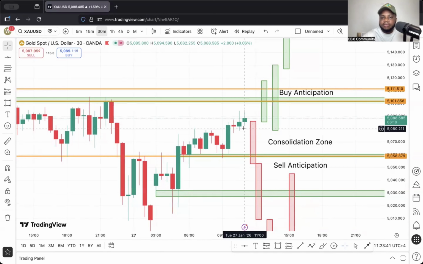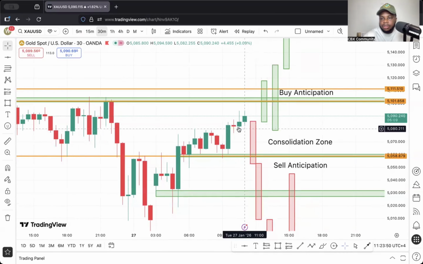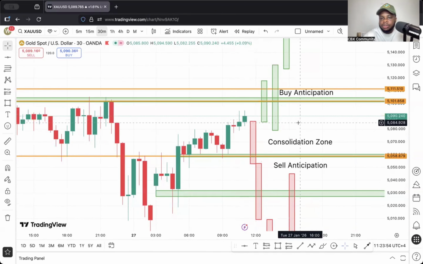This 30 minutes candle is left with 6 minutes for it to close. Let's see if this candle will close with a strong bullish candle. Let's see how the candle will close.